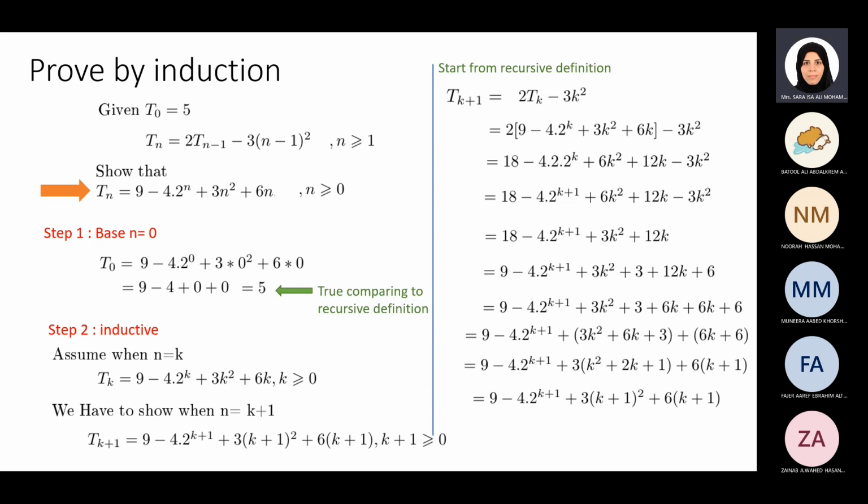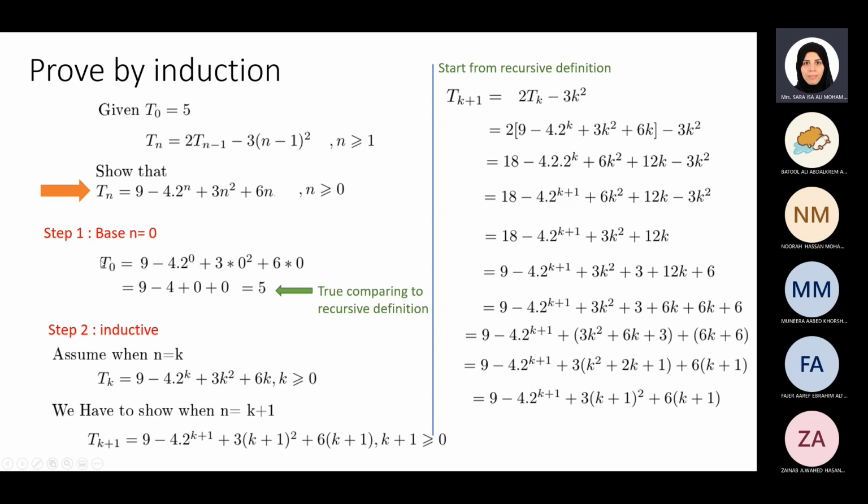So whenever you have something with a recursive or a series, you have a recursive definition and a binomial definition. Remember, your problem is the binomial, not the recursive. So all substitutions should be with the binomial definition. Even the base, you should check with the binomial definition, not with the recursive definition. You will use the recursive just to compare if you get the correct value in the base.